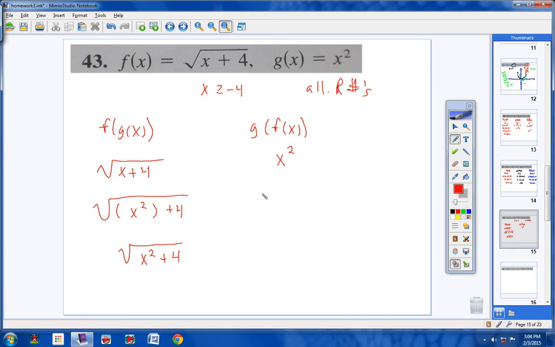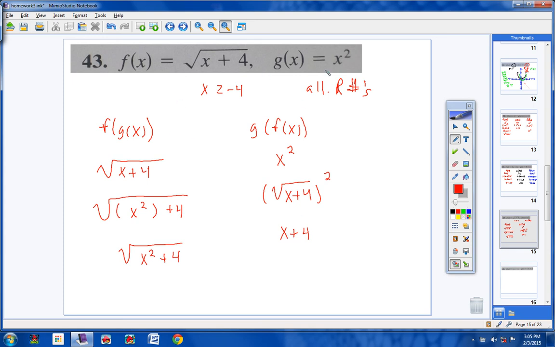Then where the x is, you put a really big parentheses. Next is your f function, so pick up your f function and put it right here. So students, now if I simplify this, whenever you square a square root, you get x plus 4, okay? So it looks like your domain here would be all real numbers, but it's not.